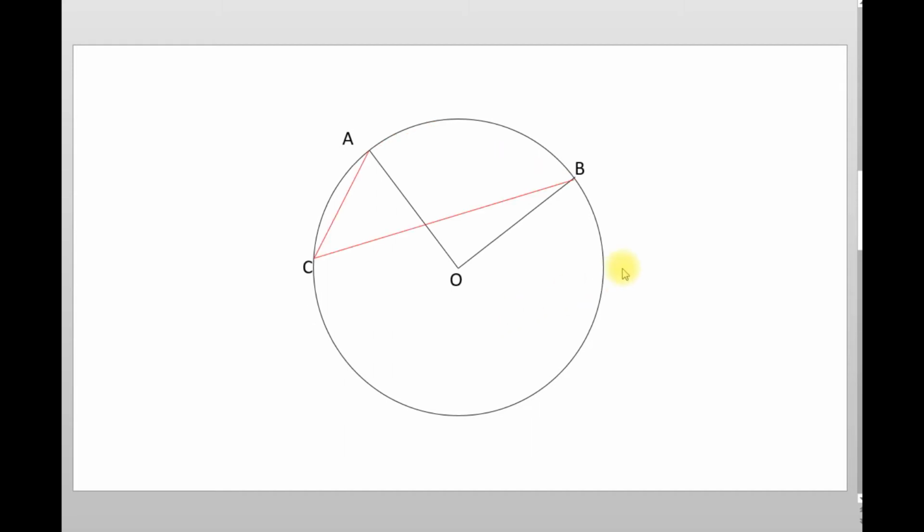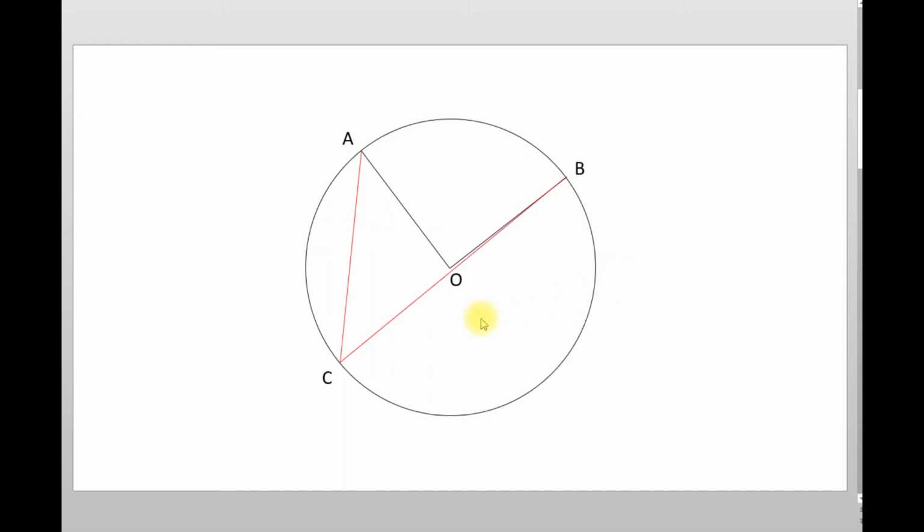So wherever C is, the angle ACB is equal to half the angle AOB, where O is the center. And as we just saw, if I move C into the shorter arc, this angle is half the reflex angle AOB, which is greater than 180 degrees. And now we're going to set out to prove that.